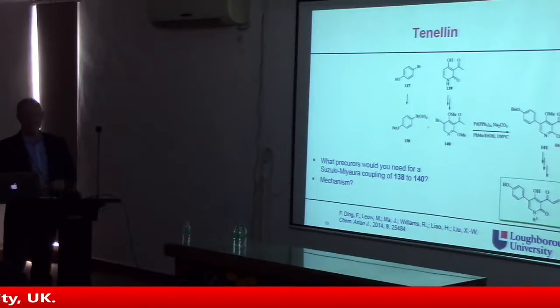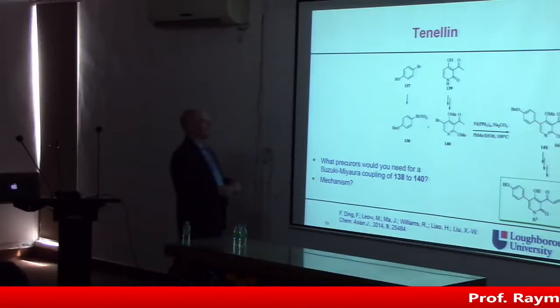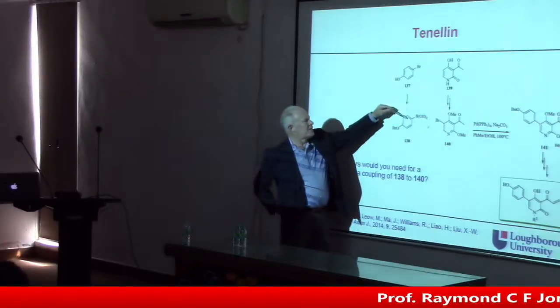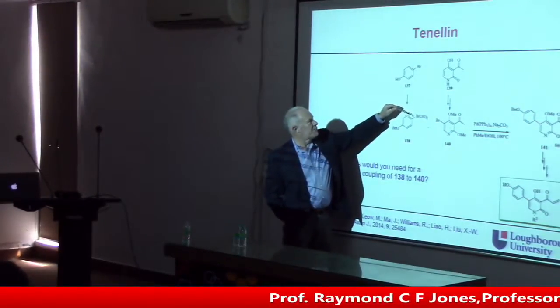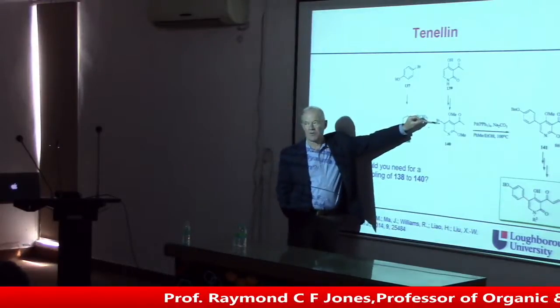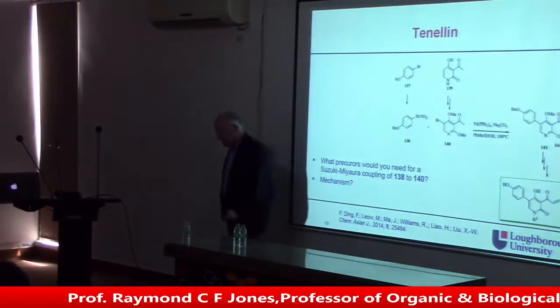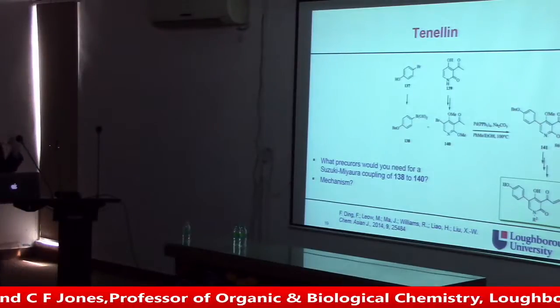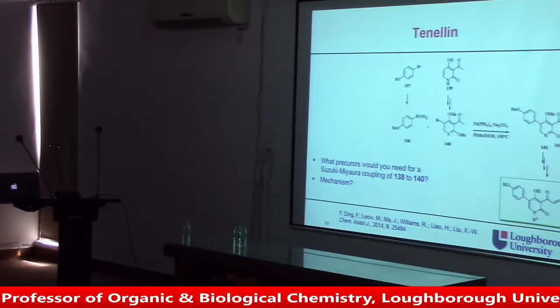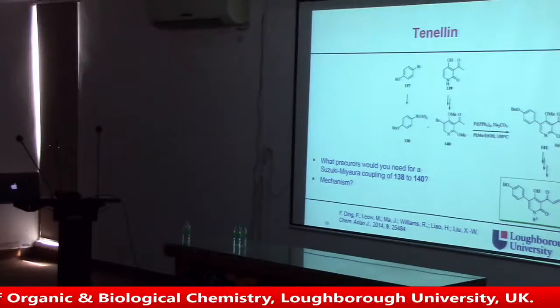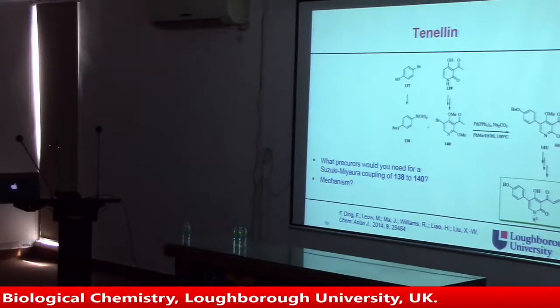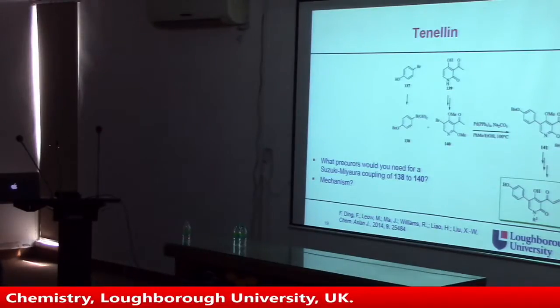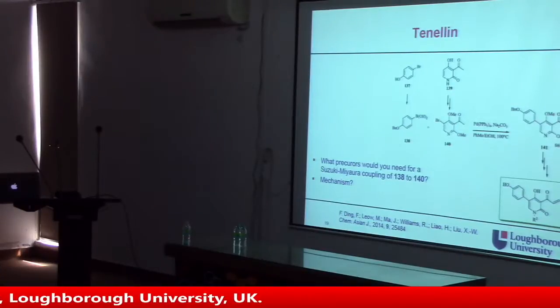In fact, it was done the other way round. If you look at that, the obvious thing would have been to use the bromine on the left, the boron on the right. But don't ask me why, they did it the other way round. But it is a perfectly good guess to say if you've got the bromine there already, let's use that as the leaving group and let's put the boron on the other half.